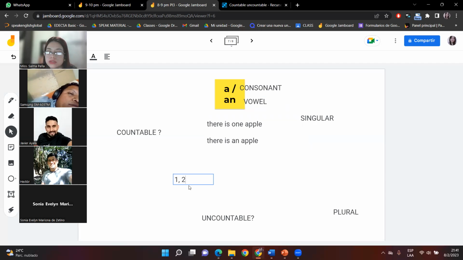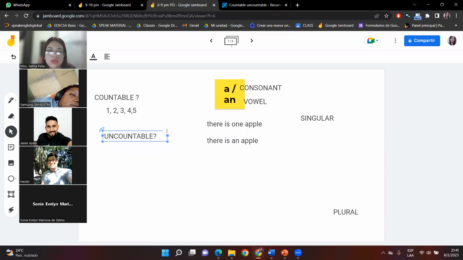1, 2, 3, 4, 5, 6, and so on. With countable nouns, we can use numbers. But with uncountable nouns, we can't use numbers. So it's no numbers, right? With countable, we can use it. With uncountable, we cannot use it.